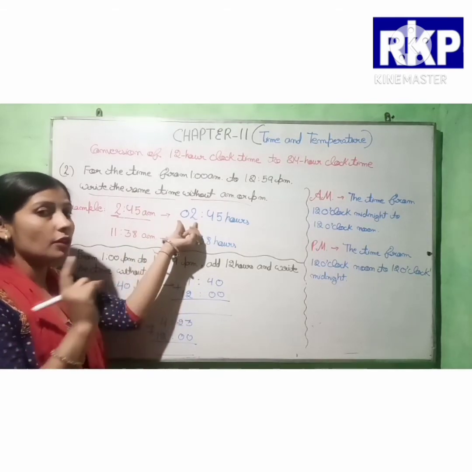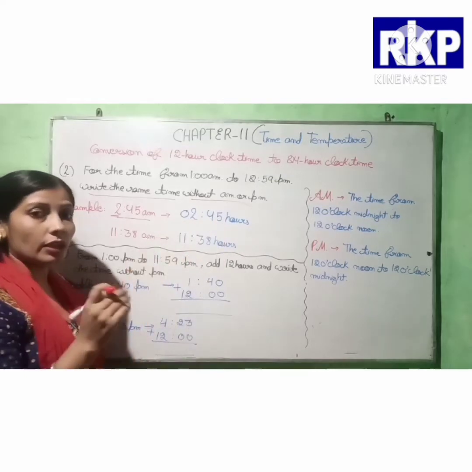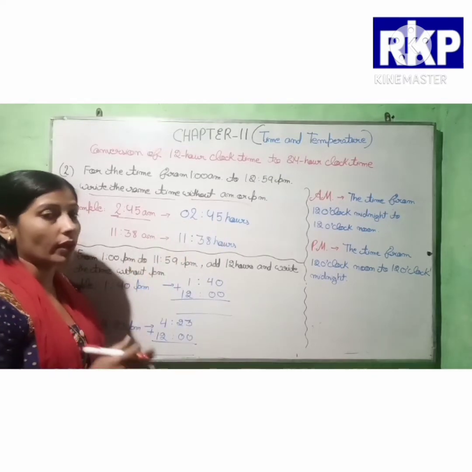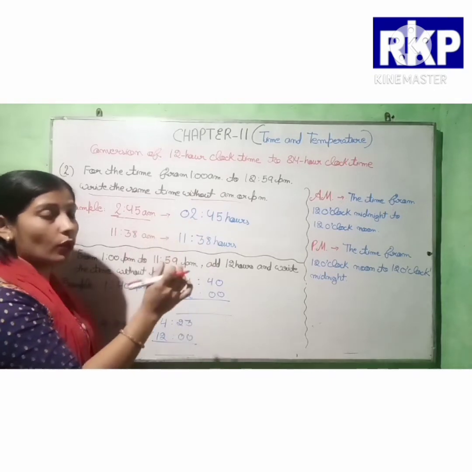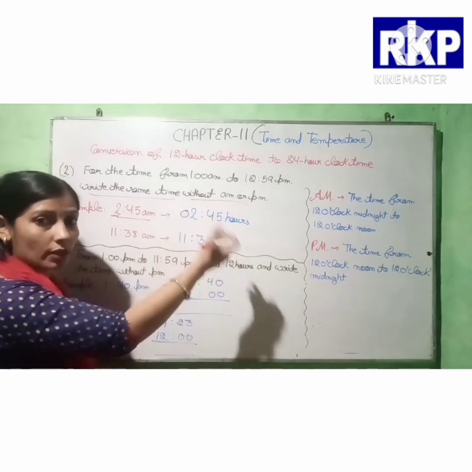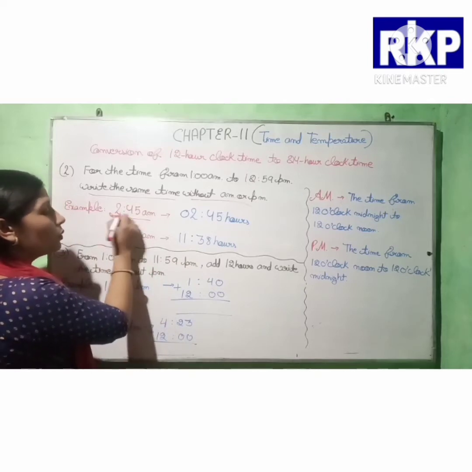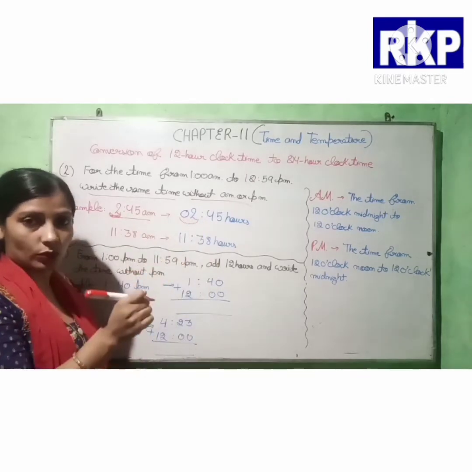Because you know, according to the 24-hour clock, we have to write 4 digits: 2 digits for hours and 2 digits for minutes. Here we have only 2, but we have to write 0, 2.